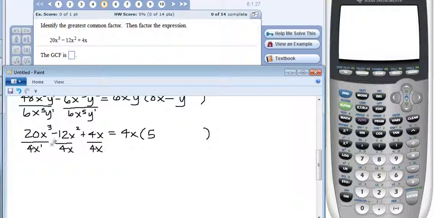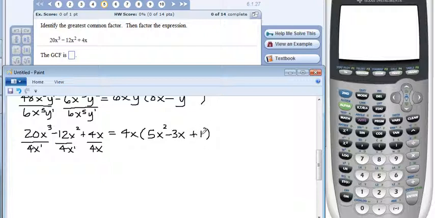X cubed divided by x to the 1 gives me x squared. Negative 12 divided by 4 gives me a negative 3. X squared divided by x is x. Positive 4x divided by 4 is 1, and x divided by x is 1.